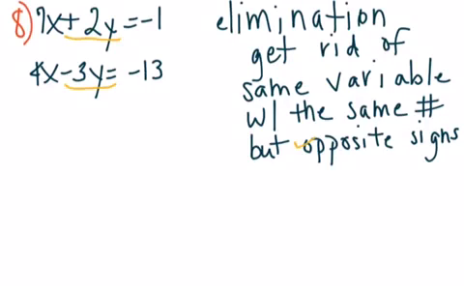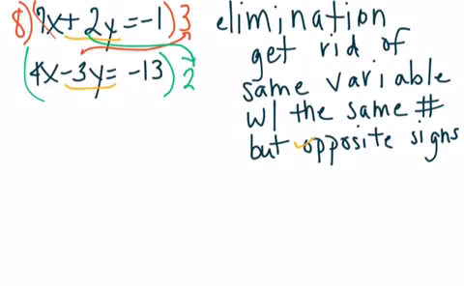Now we need the same number. So in order to get the same number, the top equation needs to be multiplied by 3, which came from there. The bottom equation needs to be multiplied by 2 because it came from the coefficient of the y.